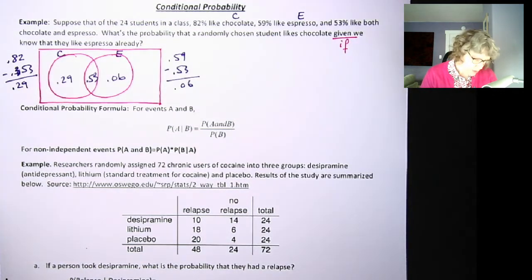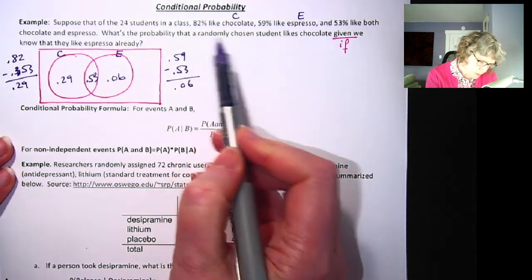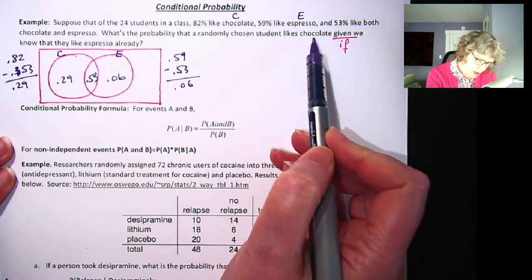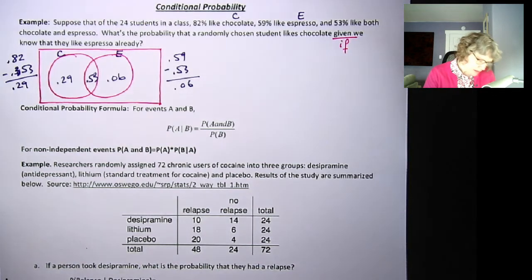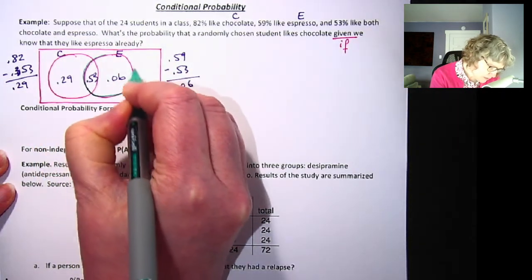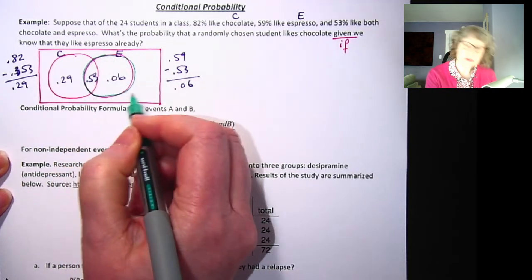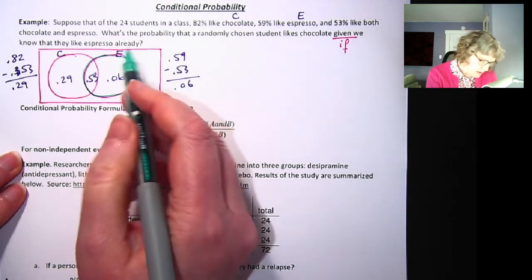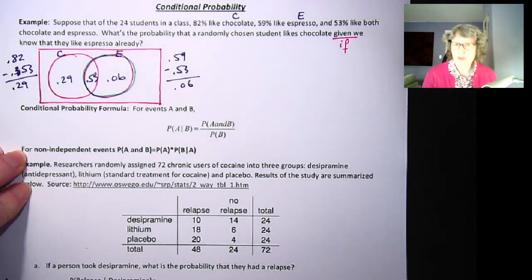Okay, so now let's see, how does this diagram help us out? What's the probability that a randomly chosen student likes chocolate given we know they like espresso already? With this given information, we know they like espresso, so we're only going to consider this circle, this espresso set. So what it does is it changes our denominator, or it changes our sample space or sample size.